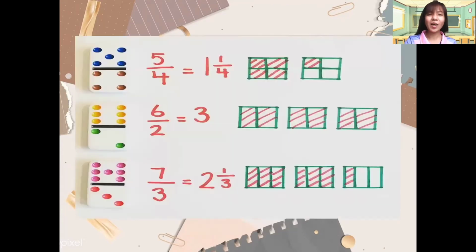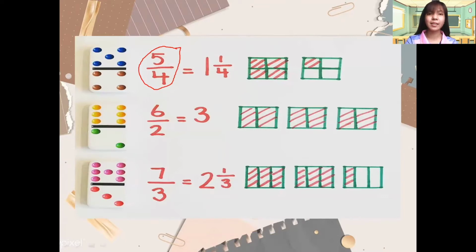Okay, so first I'm going to show you this one again, just a quick recap. This is how you're going to simplify your answer. So here we have 5/4, right? This is an improper fraction.